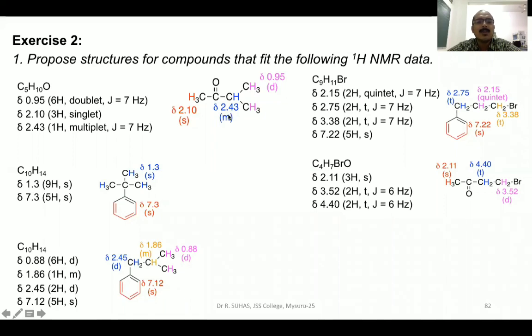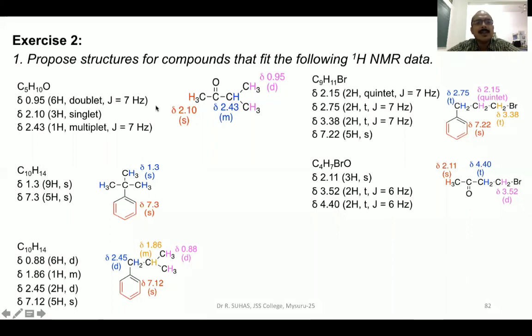Instead of multiplet, you can also write it as septet. More than 4, we normally write as multiplet. Then another thing we have to satisfy is 1 carbon and 1 oxygen. The double bond equivalent is 1 after the calculation, so it should be C double bond O. Therefore, the structure is isopropyl methyl ketone.